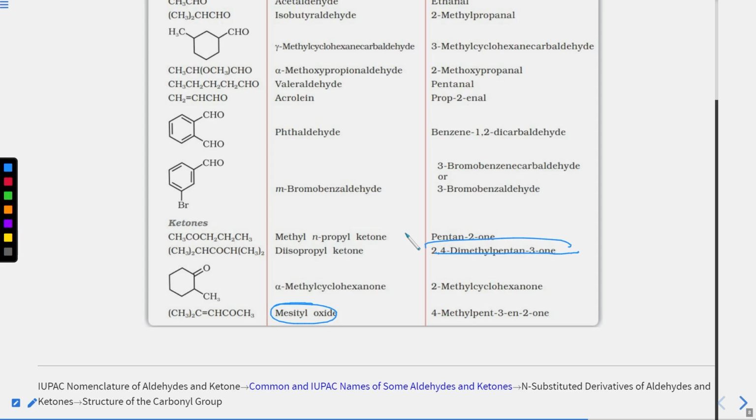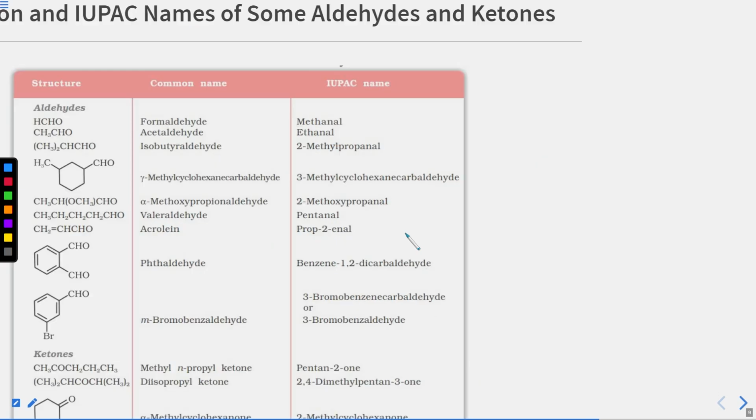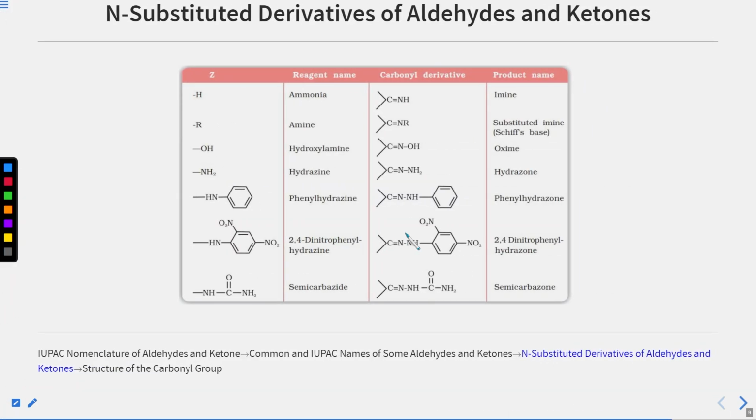Now next we'll move to some of the derivatives of the aldehyde. When you move to the reactions of aldehyde or ketone, you will see that derivatives are formed from the basic compound upon substitution. So what happens if we substitute our aldehyde O with ammonia? Then it would result in the compound that is imine.